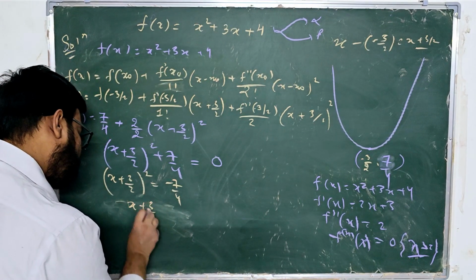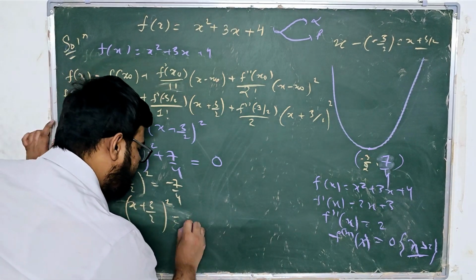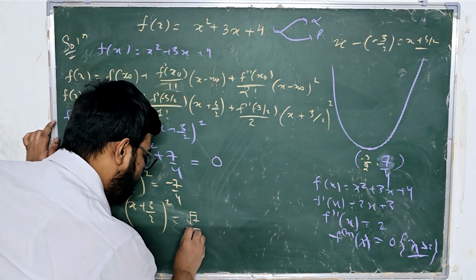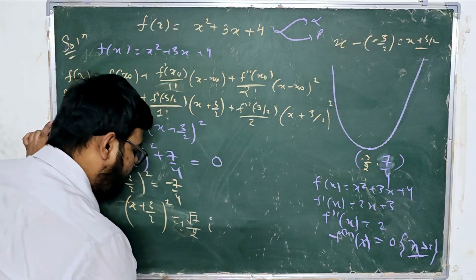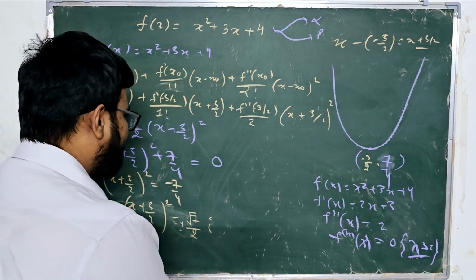(x + 3/2) whole square, when you take the square root on both sides, it will become plus minus root 7 by 2 iota. The square root of negative 1 is equal to iota. Correct?